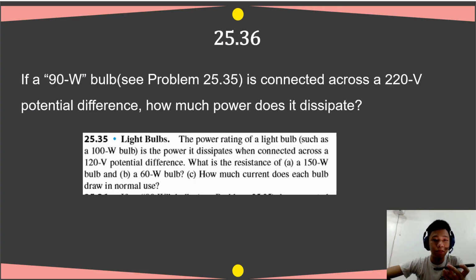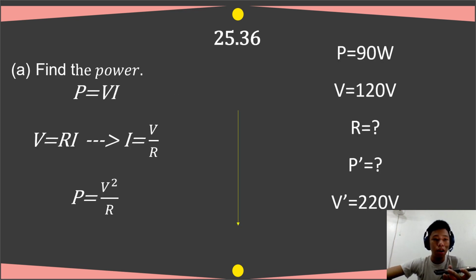First problem, easy. If a 90-watt bulb, as you can see at problem 25.35, which I put below, is connected across a 220-volt potential difference, how much power does it dissipate? So we're asked to find the power.